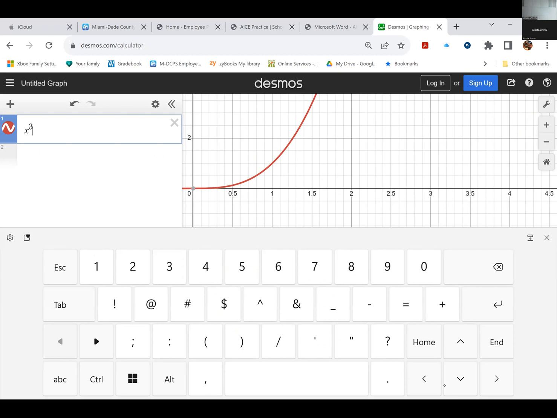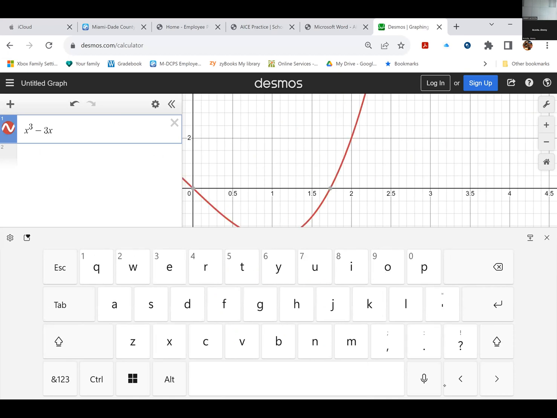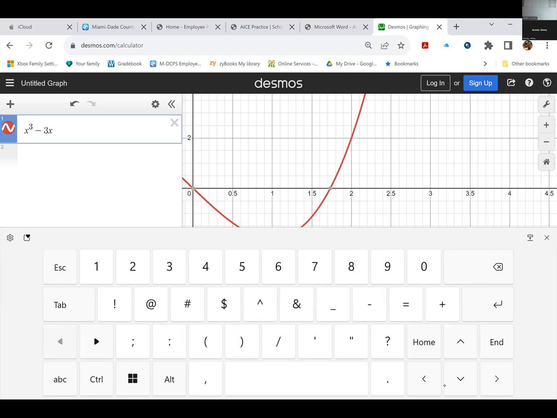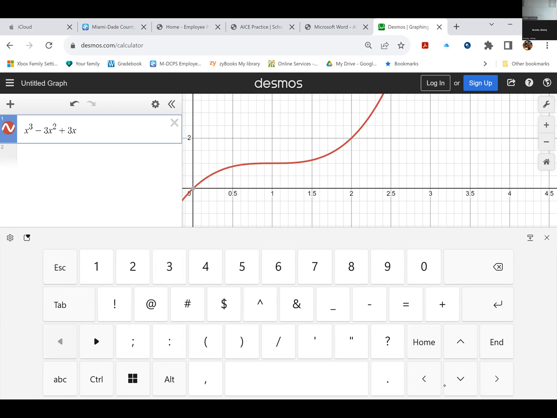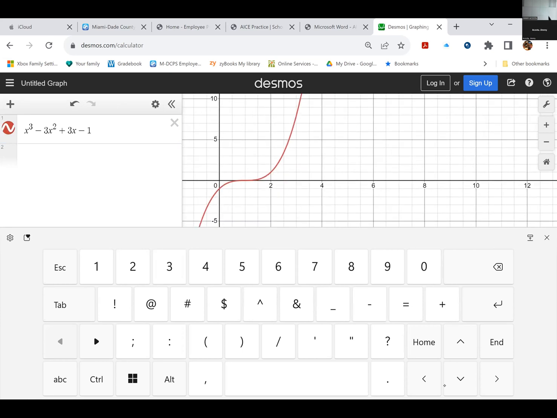My bad. The original one. Yeah, x to the third minus 3x squared plus 3x minus 1. So you see, it is a slurve.